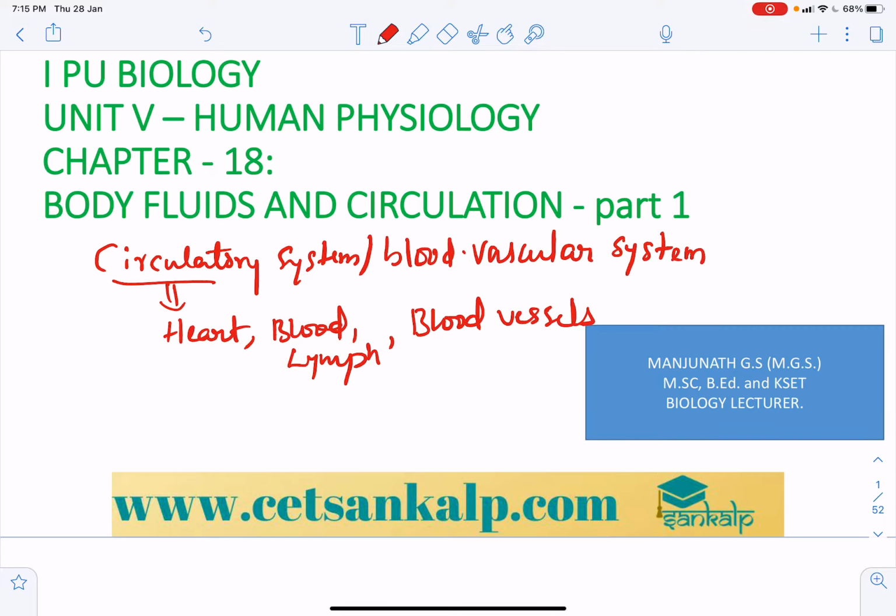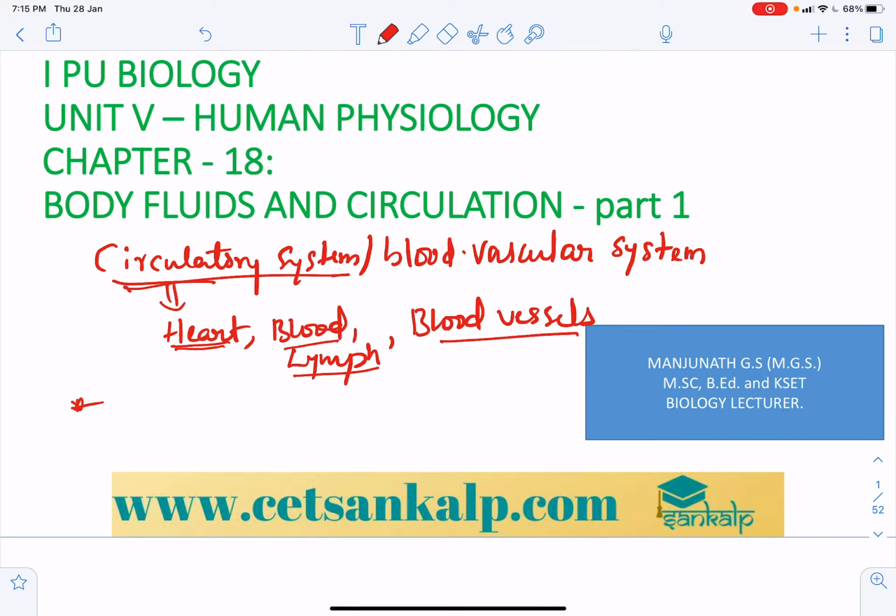In some organisms, generally the lower organisms, the circulatory system is also called the water-vascular system, or the gastrovascular system. It is based on the medium that we can classify. So, the circulatory system includes the pumping organ heart, blood, lymph, and blood vessels.